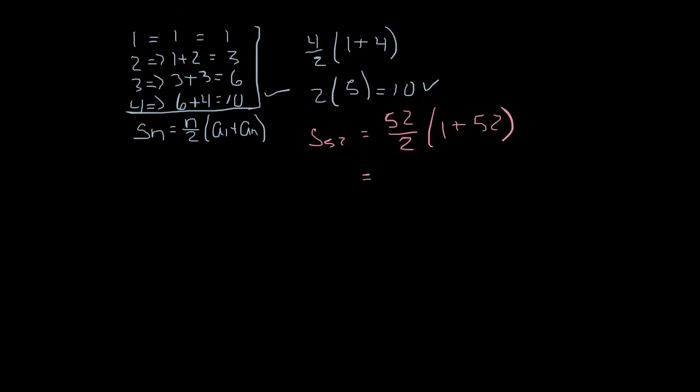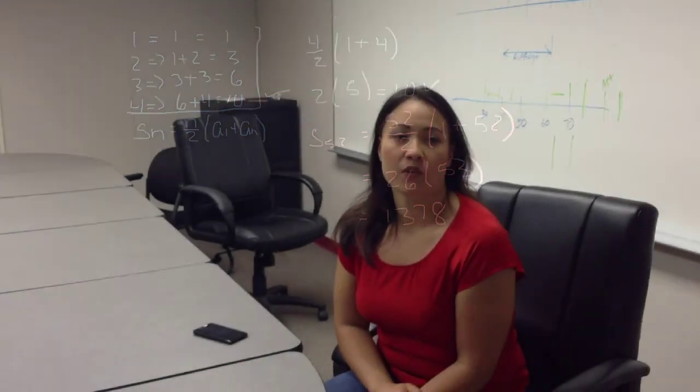So 52 over 2, we get 26, and then 1 plus 52 is 53. So at the end of the year, you'll have 26 times $53, which ends up being $1,378. Not bad, right?